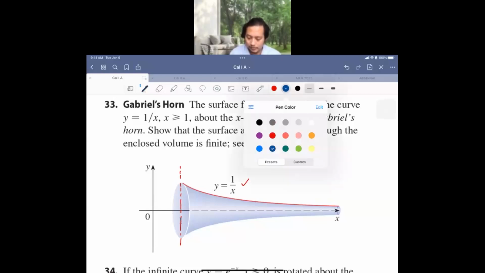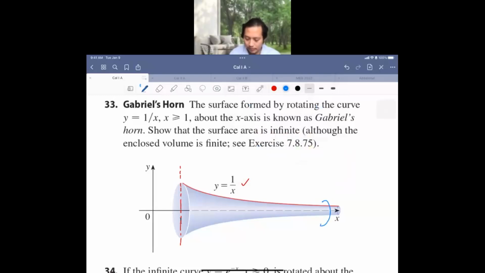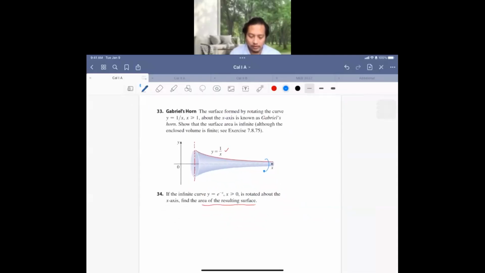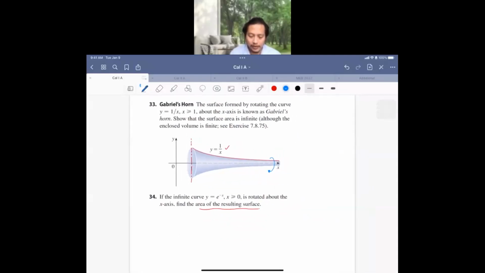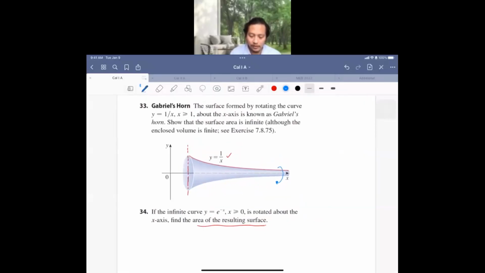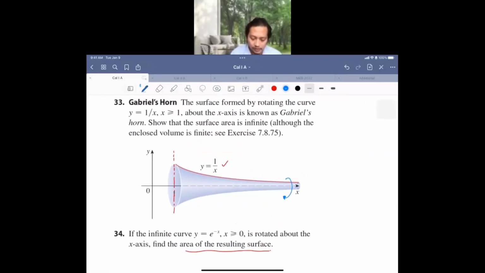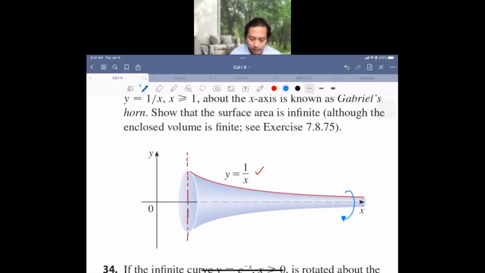So we rotate here. Now if we rotate through the x-axis, now the radius becomes this, right? Let me write in the middle to make it more clear. So this is the radius.